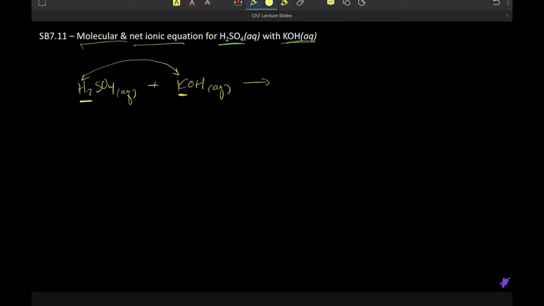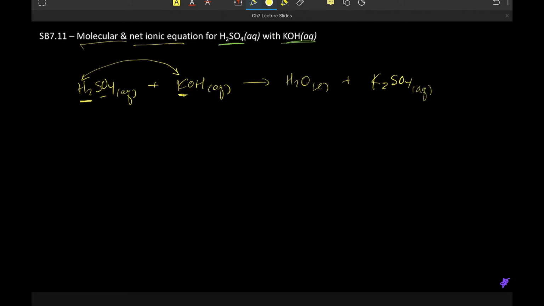I'm going to form water, and potassium will now be stuck to that sulfate. Potassium has a charge of +1, sulfate has a charge of -2, which means it needs to be K2SO4. Now we'll apply our solubility rules. Potassium is a group 1, which means always soluble, and because we have aqueous reactants, there is water present, so K2SO4 will be aqueous. So that's our complete molecular.